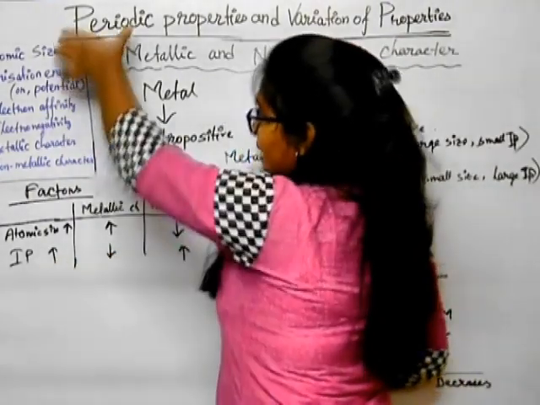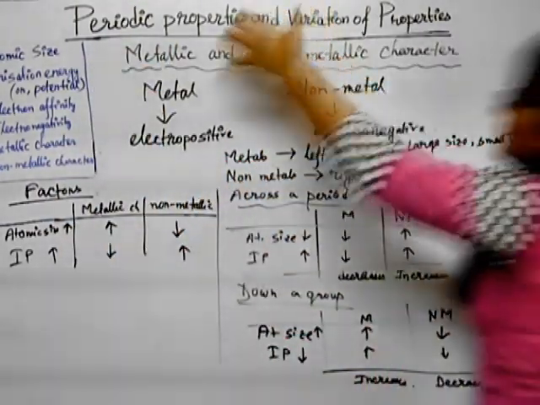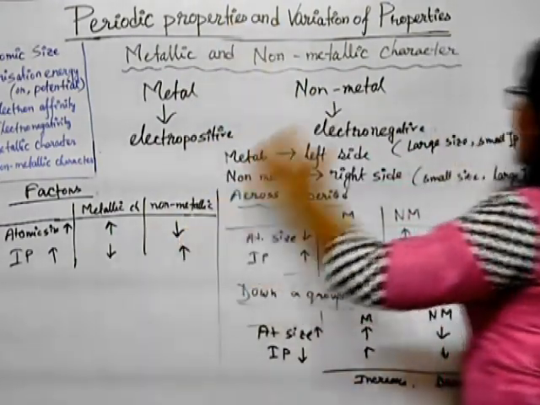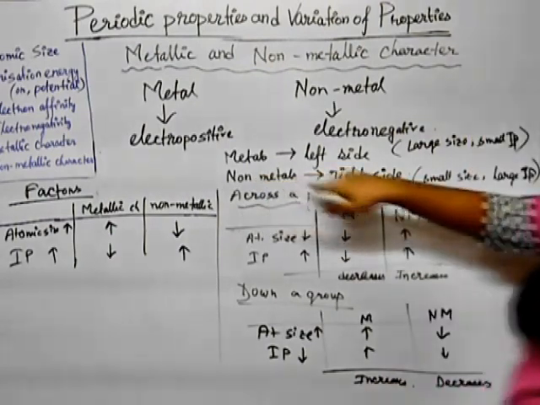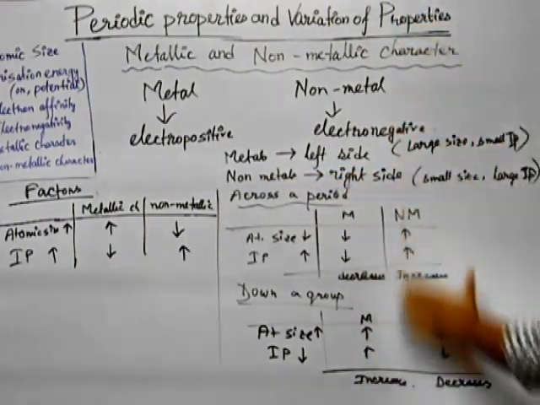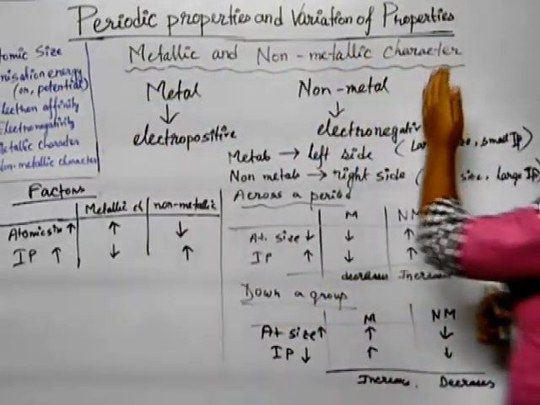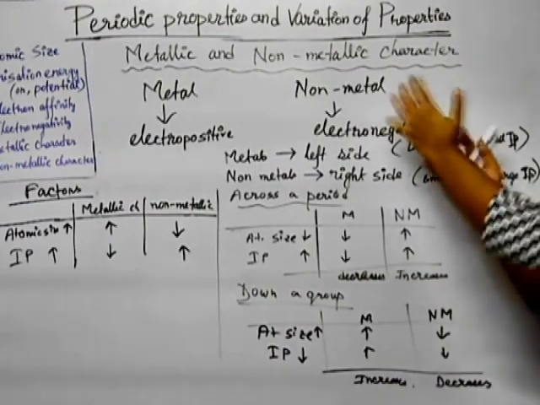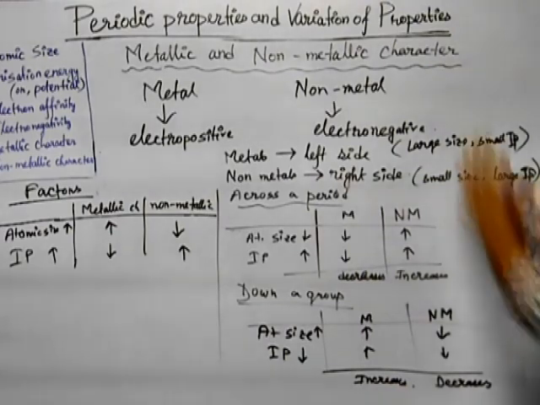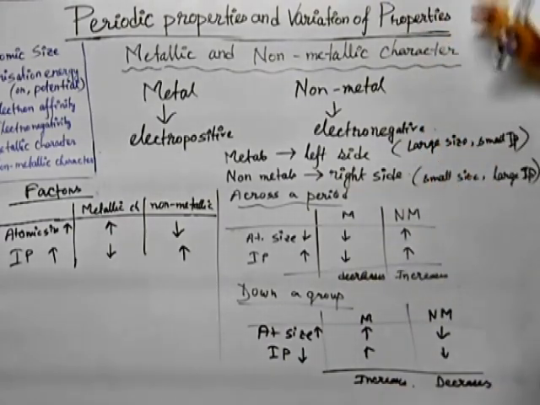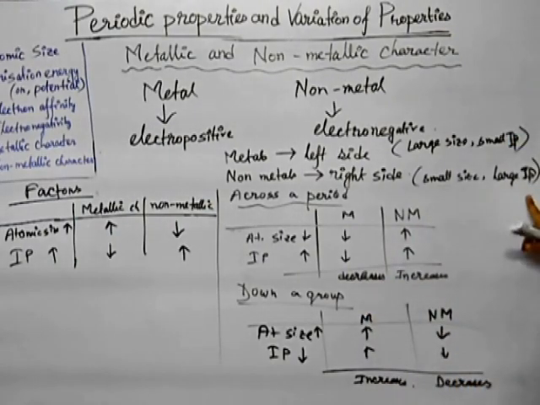So in case of metals, they are on the left side of the periodic table, and they have large size and small IP. In case of non-metals, they are on the right side, and from left to right in the periodic table, the atomic size is decreasing. So non-metals have small size and large IP. On the right side, they are strongly attracted to the nucleus, so IP is large.